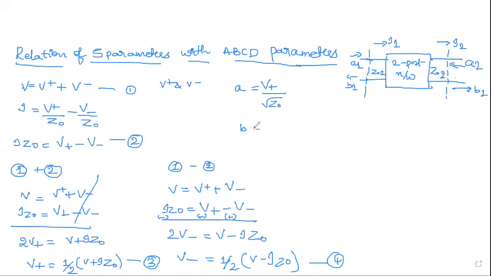Similarly, reflected voltage is represented as V minus by square root of Z naught. So now you have the values of V plus and V minus, you need to substitute those values here for V plus as well as V minus. If you substitute those equations, you will get the value of A and B. Till here it is fine.